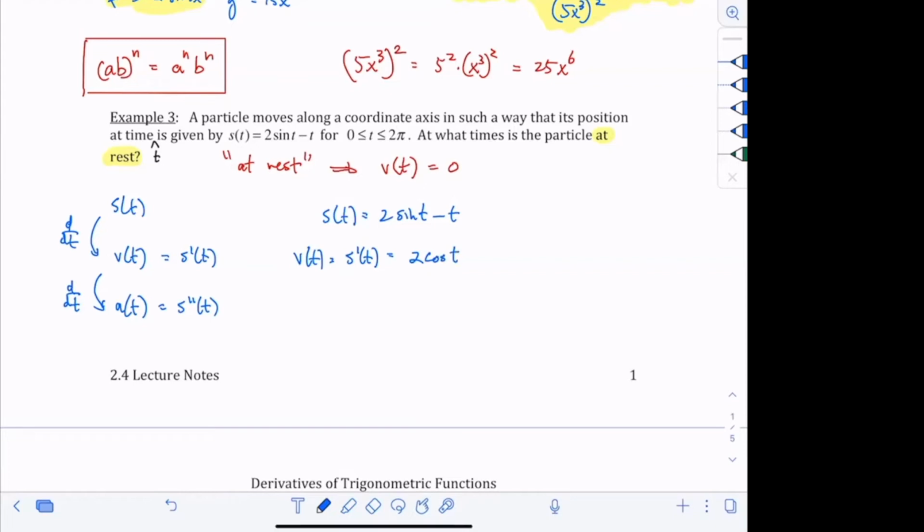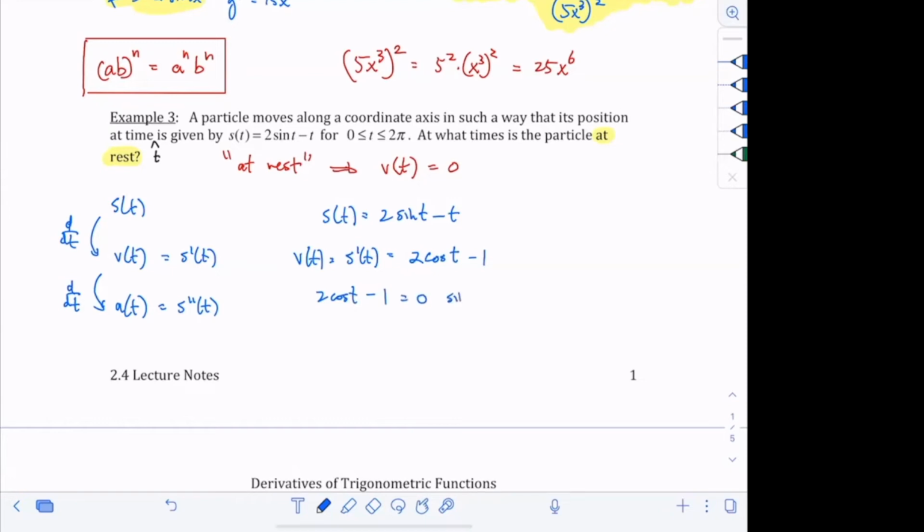And the derivative of negative t is just -1. So now I'm going to set it equal to 0: 2 cosine t minus 1 is equal to 0.